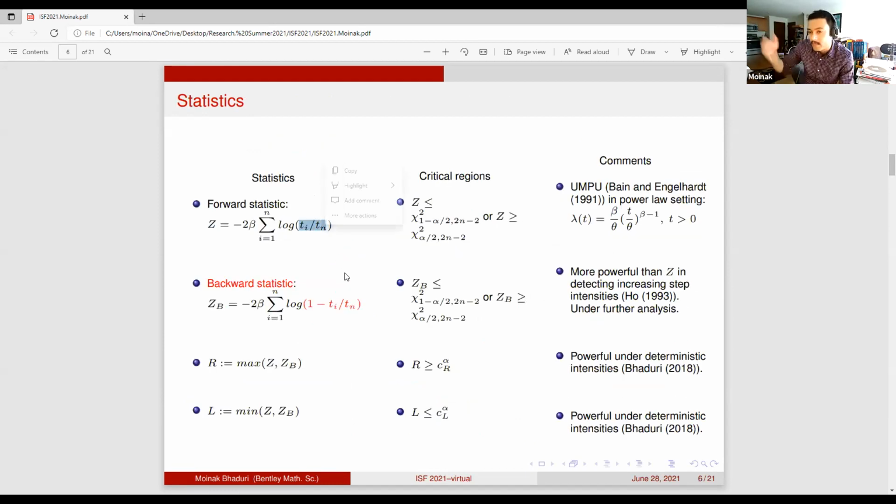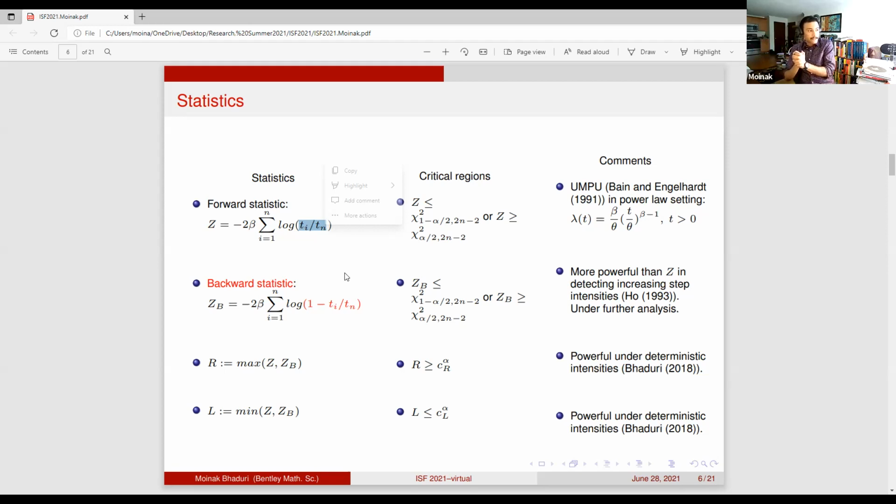That's just a hand-wavy way of proving it. If events are happening twice as fast, it won't matter too much. This value for Z or ZB will not be affected. So to find out those null distributions, we have to do this experiment only once. We don't have to do the null distribution calculation for intensity 1, intensity 2, and intensity 3, which is a good sign.